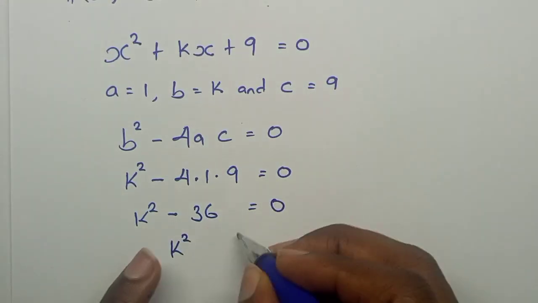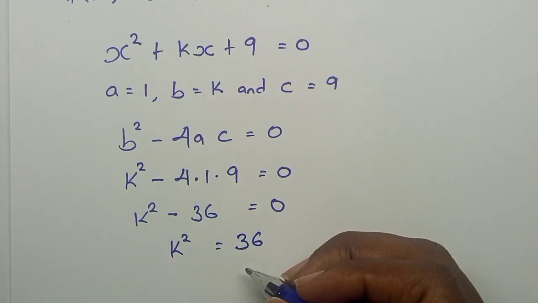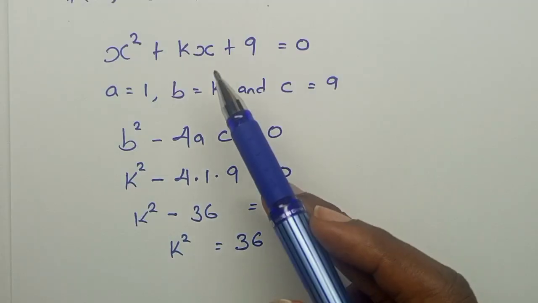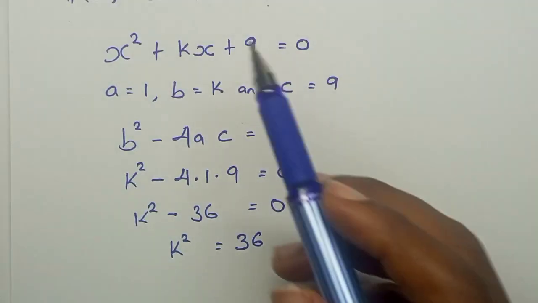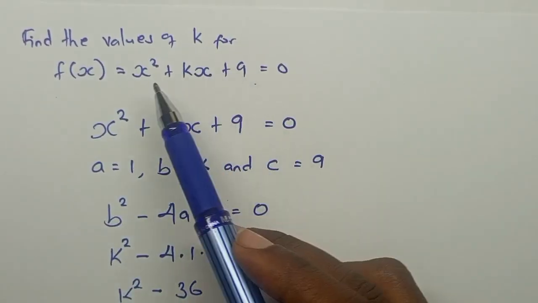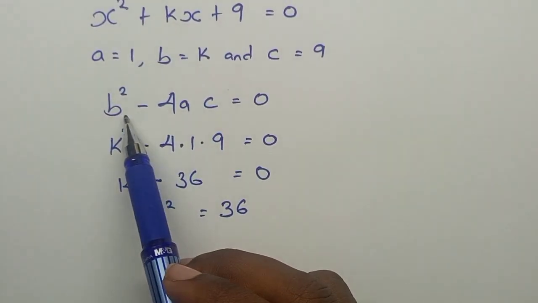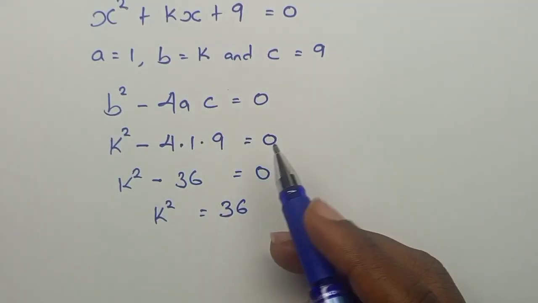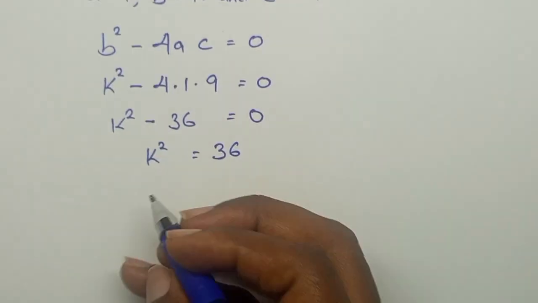Therefore, we shall have k squared, when this crosses to this side, becomes plus 36. So you have to use the condition given in the question to write the statement about the discriminant. In our question, we were told that the quadratic is equal to 0. So that's why we said b squared minus 4ac is equal to 0. That means we have to get two equal roots.